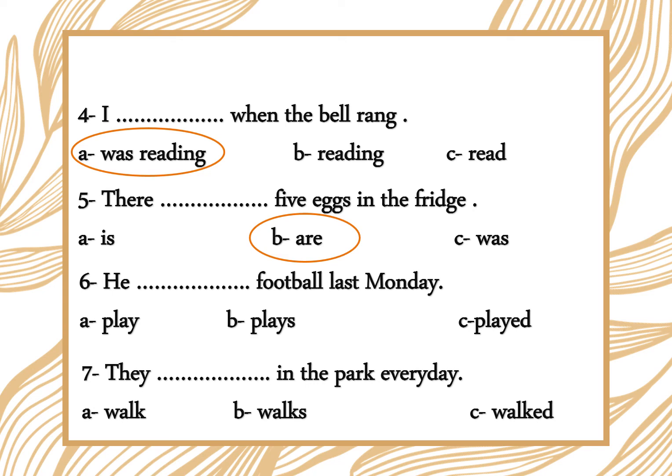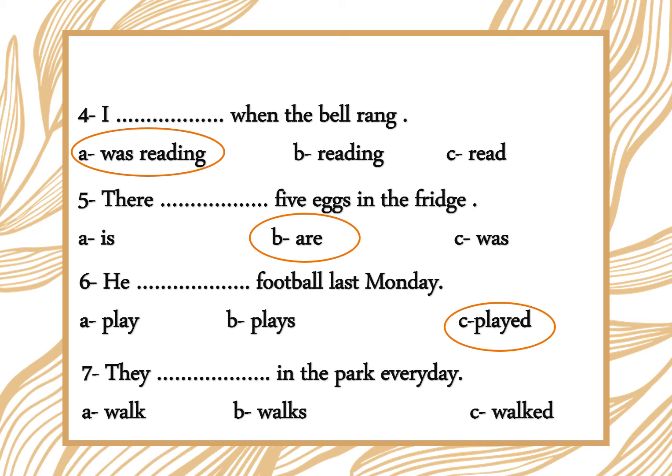So I'm talking about something that happened in the past. He plays football last Monday. He played football last Monday. Of course we are going to use the past simple tense here. So we will choose: he played football last Monday.